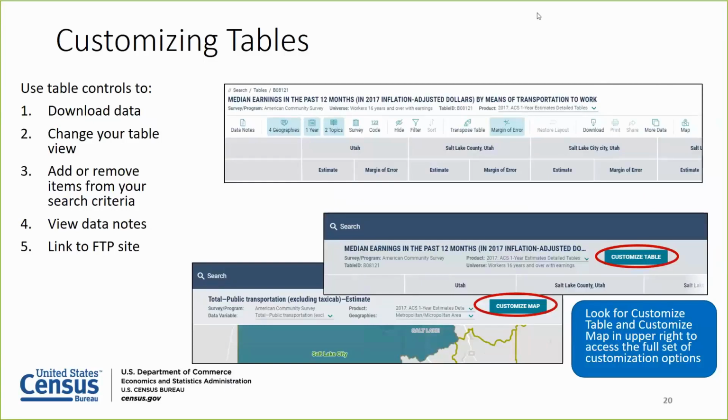You can do basic things like pulling up a table note, to pulling up that faceted filtering, which allows you to add additional geographies, change the year, even change the table if you need to, taking out the margin of error if that statistical significance is available, and then also to download, and it gives you the option to download as well as a link to the FTP site under More Data.